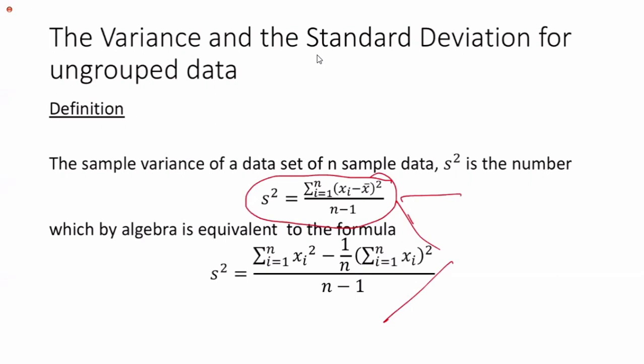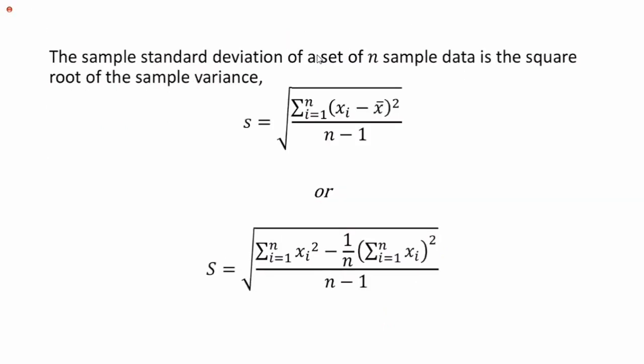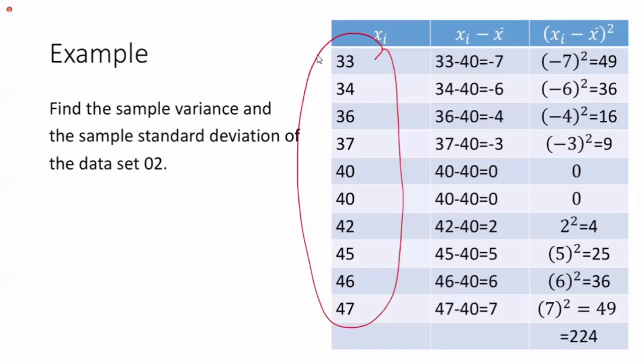I will tell you why. It's really easy to use the first formula to find the population variance if we have such a data list. First, we get the difference between the element and the mean value we found.